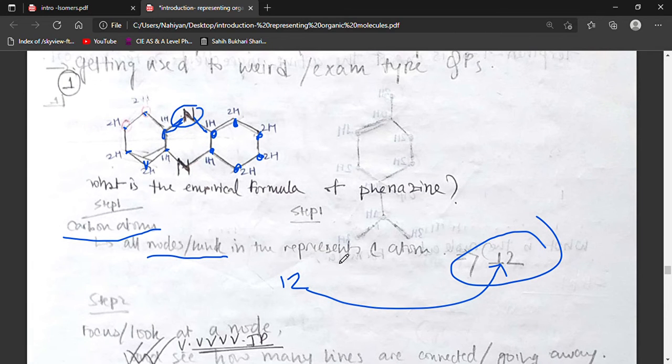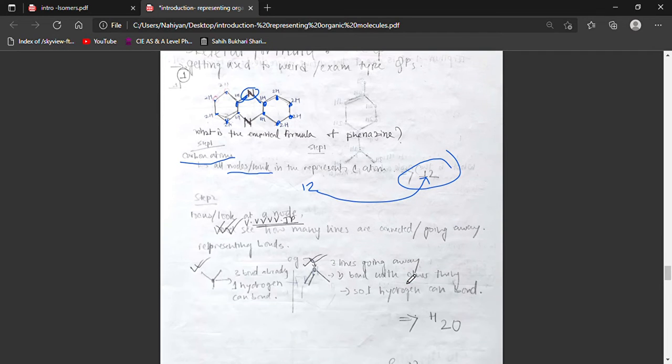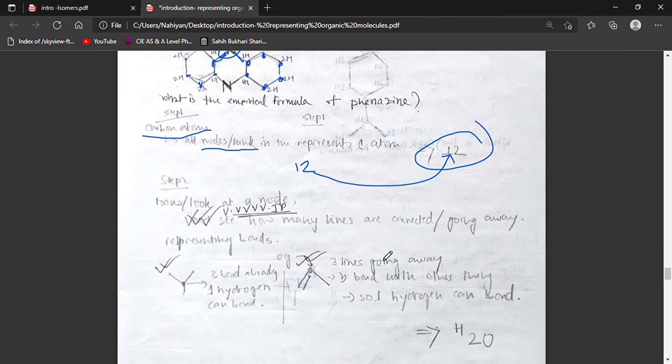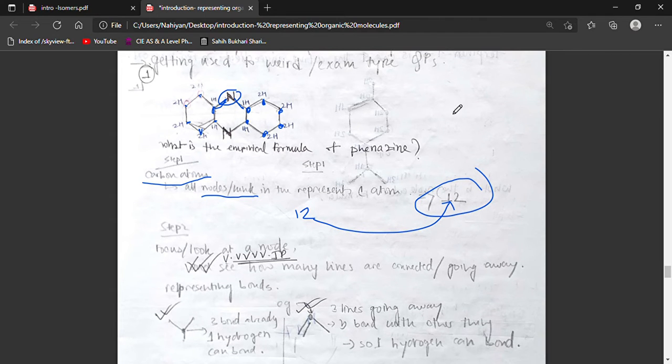Moving on to step 2, we know that every carbon is surrounded by the maximum number of hydrogens. So what you're going to do is focus on a node and look at how many lines are connected, or how many lines are going away representing bonds.